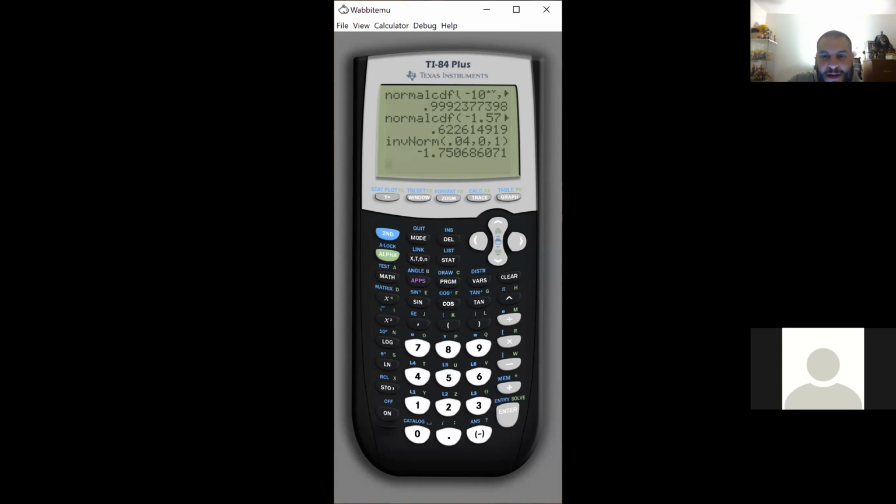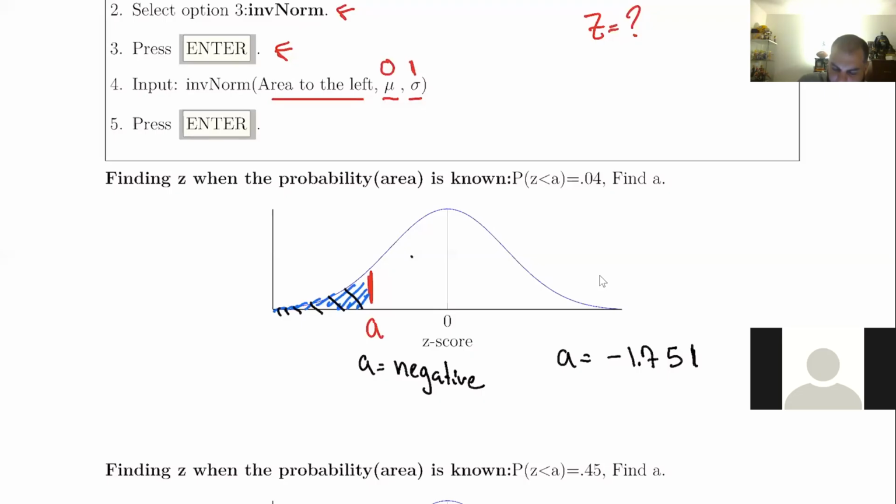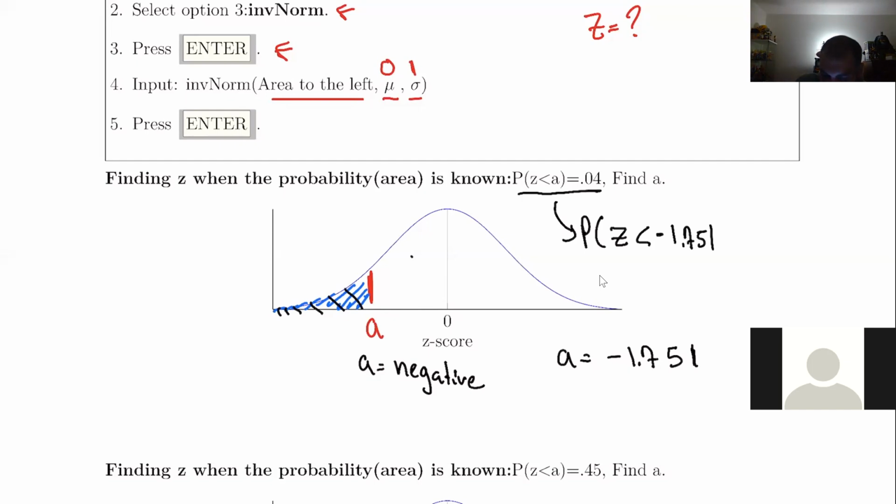All right, let me transfer back. Look at this. This is saying the probability that Z is less than A, but I already found out what A is. A is negative 1.751, which corresponds to 0.04.